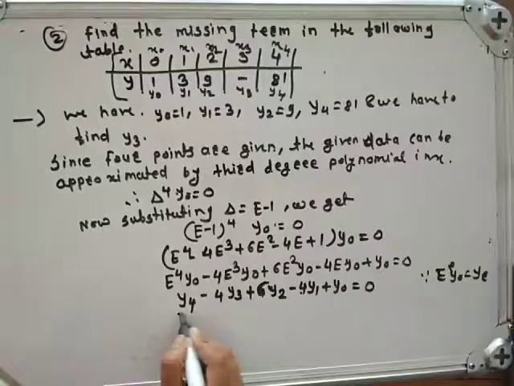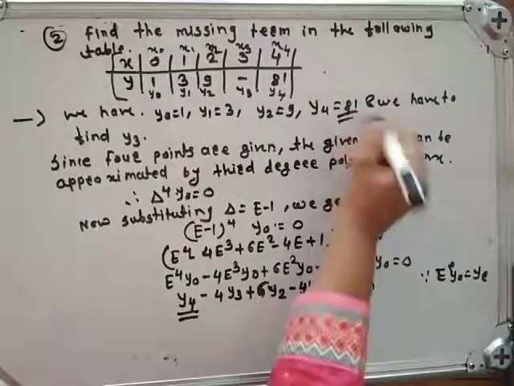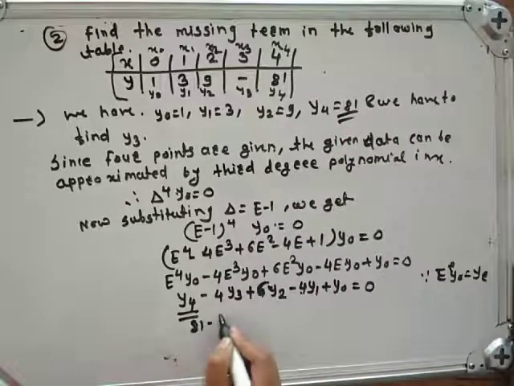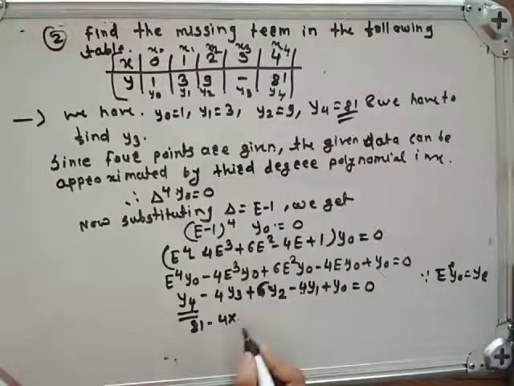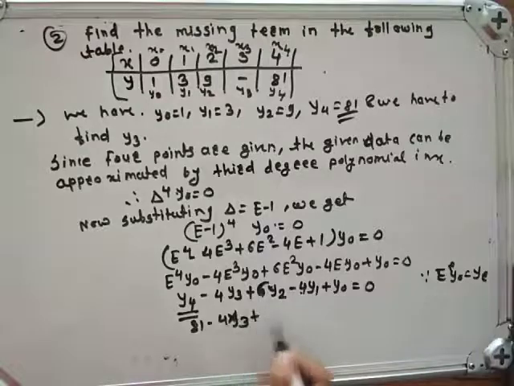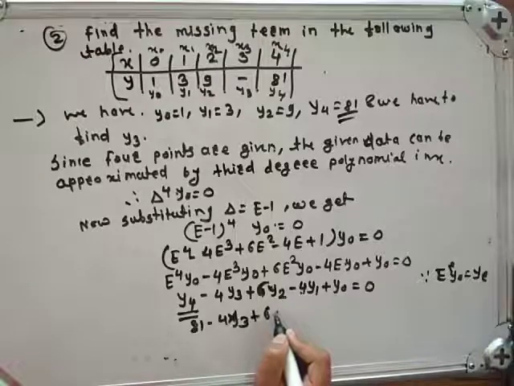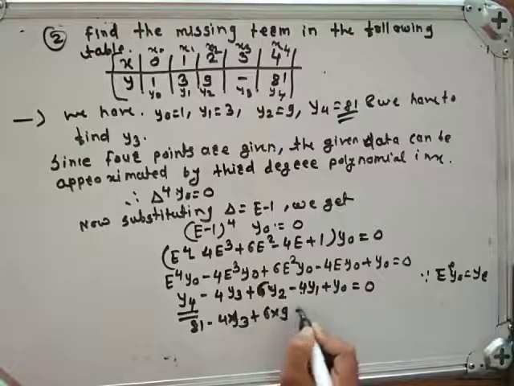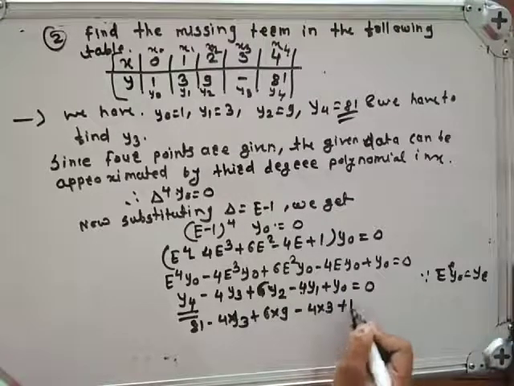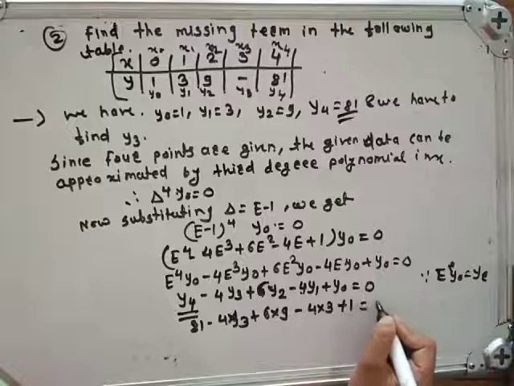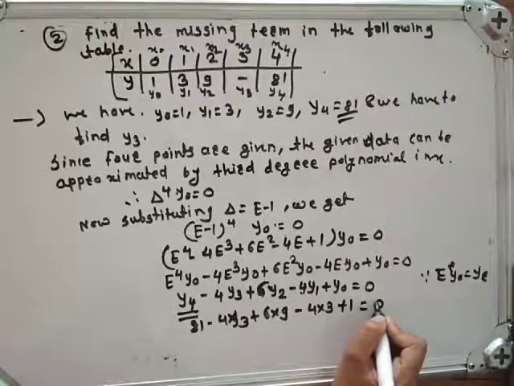What is the value of y4? It is 81 minus 4 into y3, we have to find out y3, plus 6 into y2 which is 9, minus 4 into y1 plus y0, which is equal to 0.